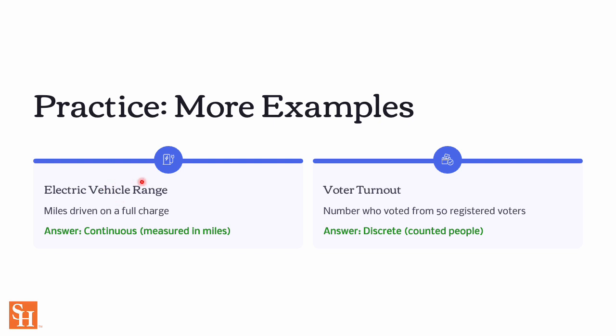The values are not discrete, therefore it is a continuous random variable. And the voter turnout, like from 50 registered voters, in that case it's obviously a discrete value. It will always be a discrete value, right? Therefore the random variable associated with this case is a discrete random variable. I think now it is clear to all of you what the difference is between a continuous random variable and a discrete random variable.